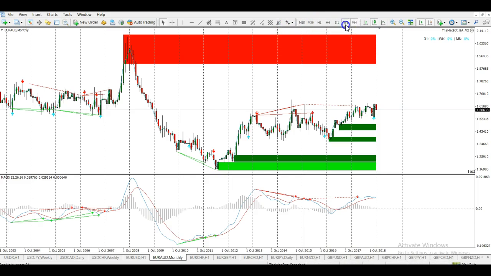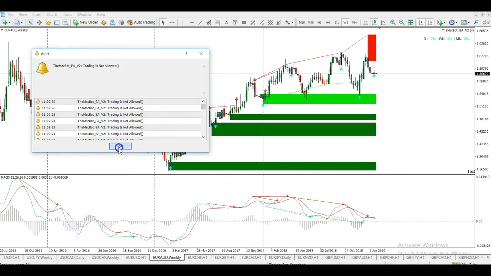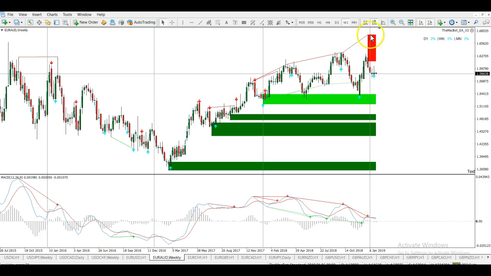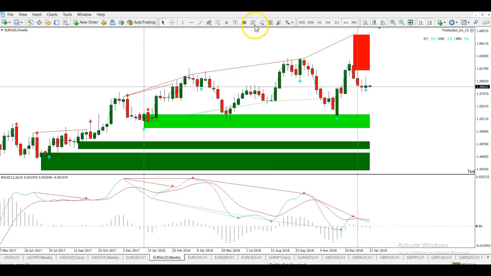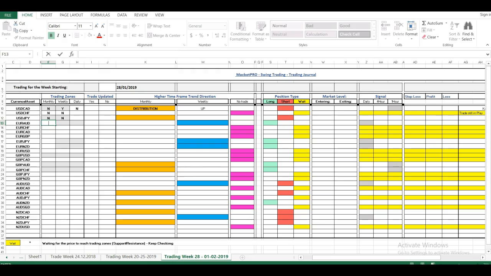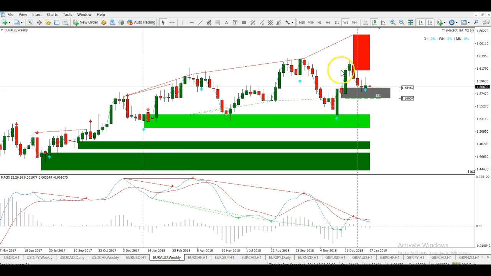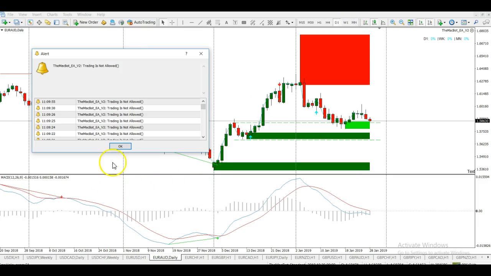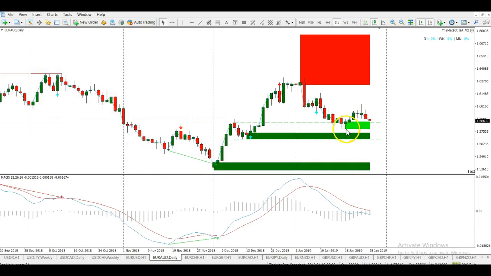Monthly, no. Weekly. Okay, look at the weekly. So again, I'd classify this as an area where it's been bouncing already. And daily.